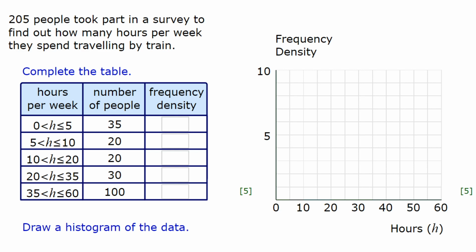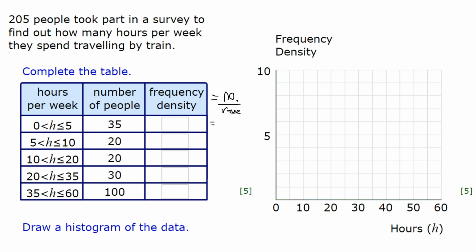The first thing we need is the frequency density. The frequency density is simply going to be equal to the number divided by the range. So for this example, our range is simply going to be 5 minus 0, which is 5.